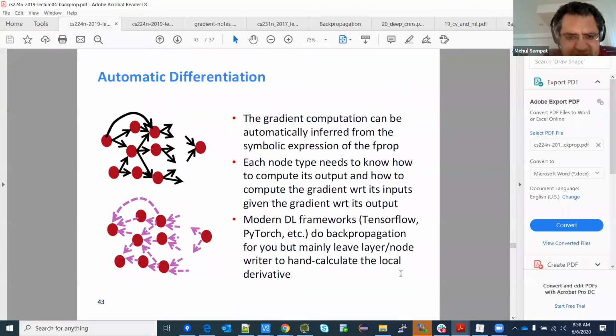Okay, let's see what else we got here. He makes a point about the difference between Theano, which is not used so much anymore, and modern DL frameworks that we all are using, like TensorFlow or PyTorch.